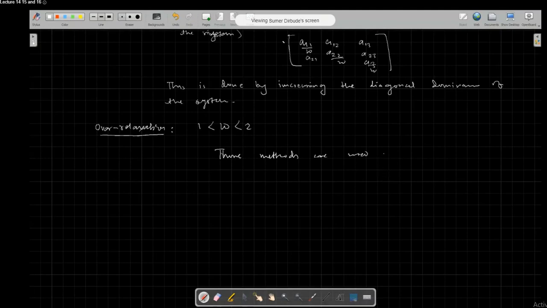This method is used for systems which are already convergent, diagonally dominant.